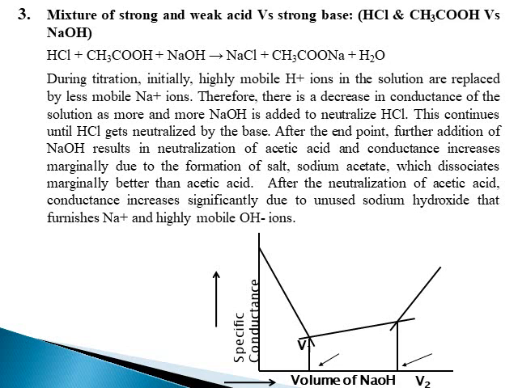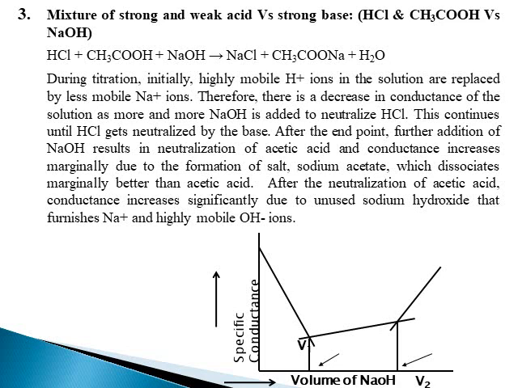In the first case, a continuous decrease in the specific conductance will be observed. This decrease is due to the replacement of H plus from HCl by OH minus from the base.